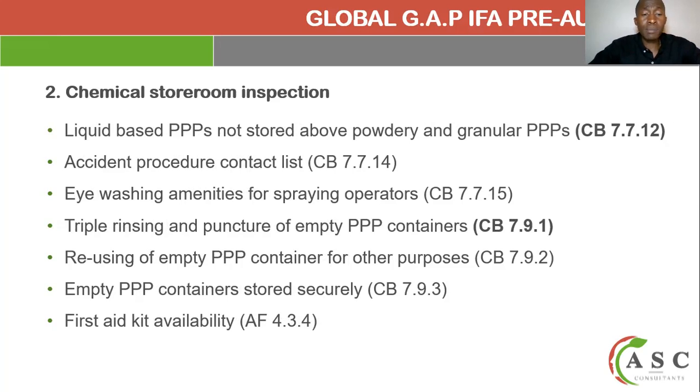Then the first aid kit must be available, or it must be close by, or on site. So the first aid kit, what I'd like to emphasize about its contents, most particularly with regards to chemicals, there should be alkaline water inside.